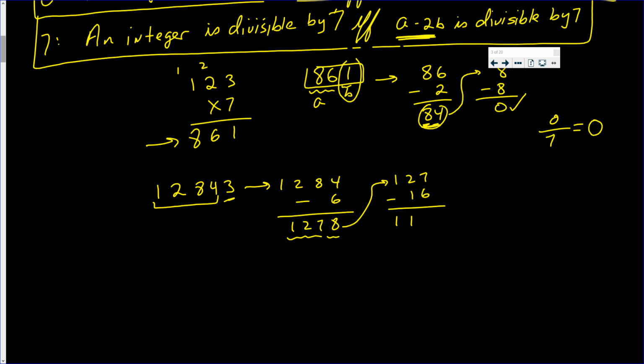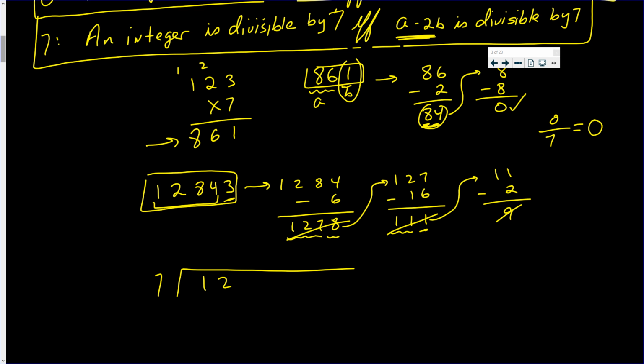Now you get 111. If you don't know if 7 goes into that number, you take those 2 digits and you take away 2 ones. And then you get 9. No, 7 doesn't go into 9. 7 doesn't go in here. 7 doesn't go in here. And 7 does not go in there.